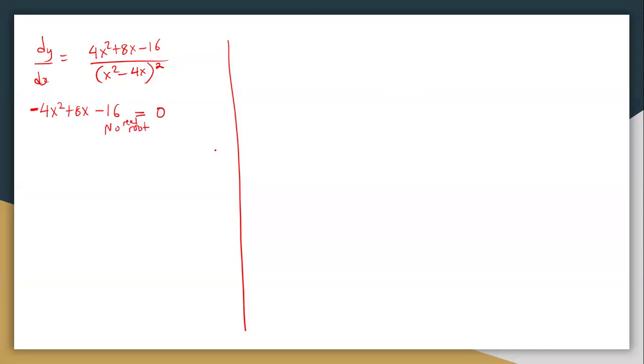Those are complex roots. So you cannot go any further. You can just end there because we shall not work with complex roots. Does that mean that there is no turning point? Perfect. So here we shall not have a turning point.